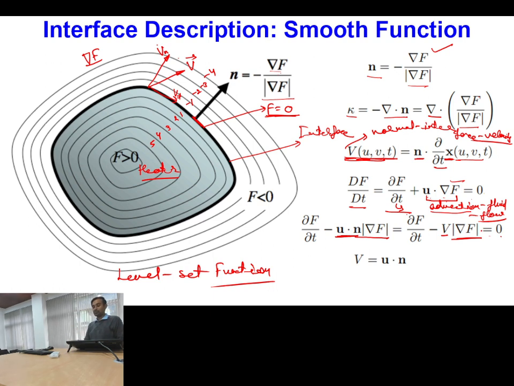This is the equation which can tell you how the value of this smooth function will be changing with space and time because of the flow. If you are able to predict the change of this function with space and time along with the flow, you can actually identify the new location of your interface after any time t.